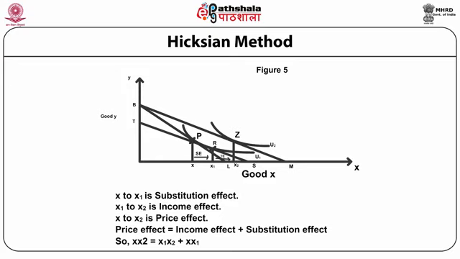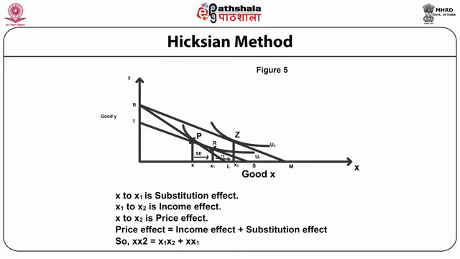Remember, this new budget line is tangent to the old indifference curve U1, and it's tangent at point R, which shows that the consumer's level of satisfaction is unchanged, or he is at the old level of satisfaction, that is, at indifference curve U1. Movement from point P to point R is substitution effect, because this increase in quantity demanded of good X is a result of change in relative price.